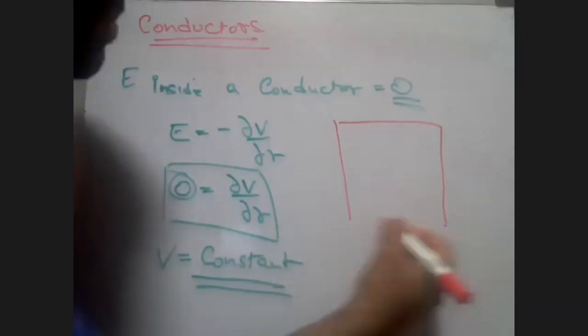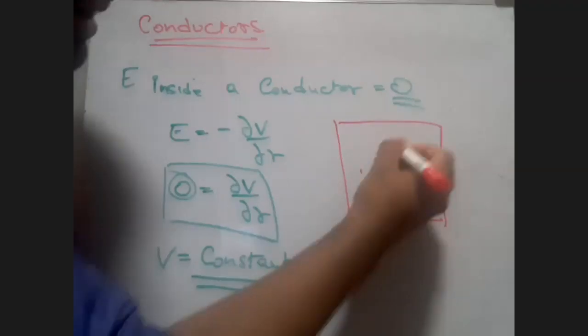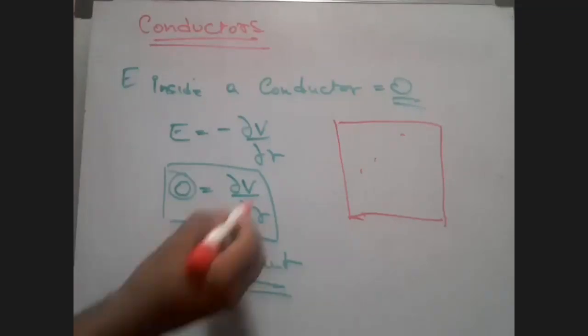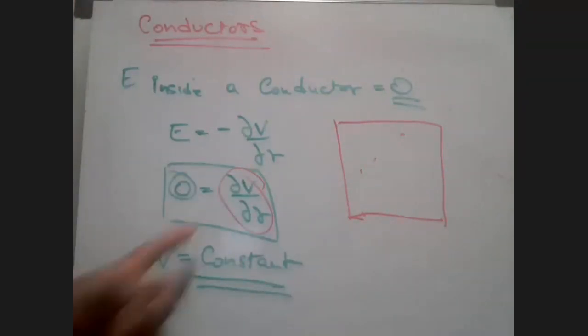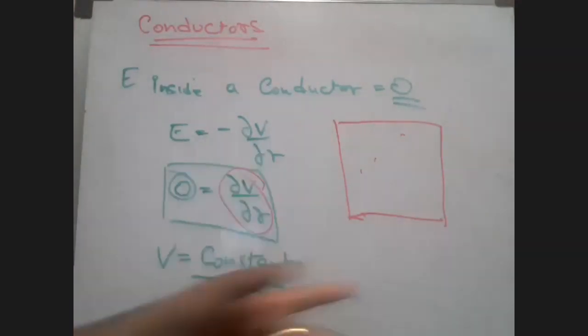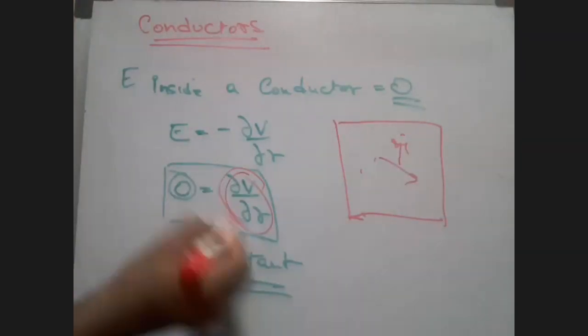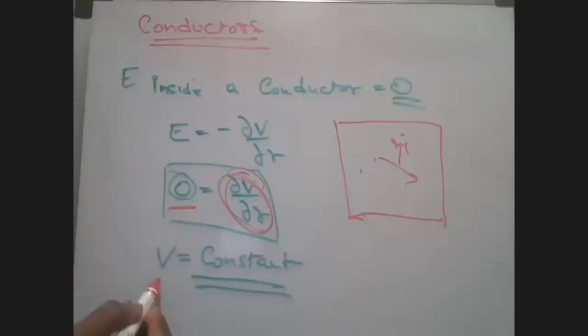At any point inside the conductor, let it be a sphere or anything, the entire object is an equipotential surface. What do we mean by equipotential surface? It means that if you take a charge and move it from anywhere to anywhere, the rate of change of potential is 0, so the voltage is constant.